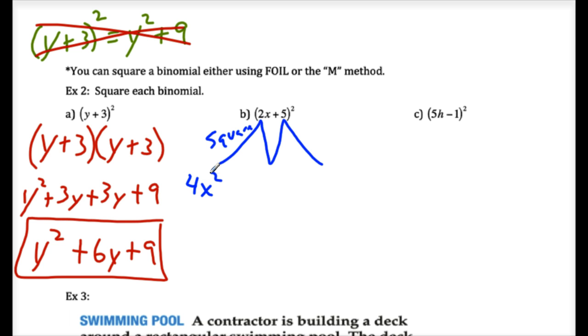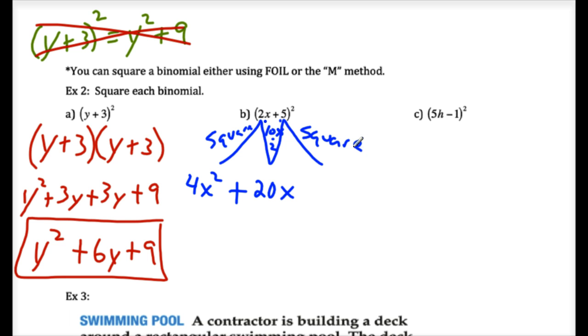Now, you have to multiply your two pieces together. What's 2x times 5? 10x. Put that in the middle, put a plus, and then you're going to times that by 2 because it's going to be the same piece twice. Who can do 2x times 10x times 2 in their head? Plus 20x.